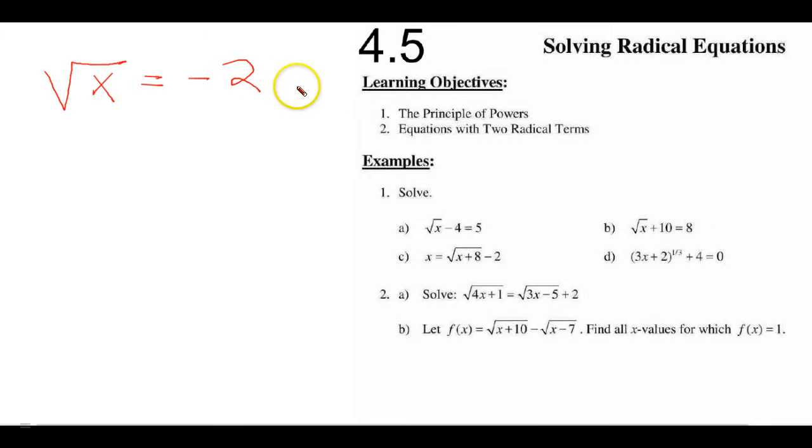I get a negative 2. Now notice what you see here. You're saying the square root of x is a negative 2. Is that going to be a real number? Can the square root of something be a negative? And the answer is no. So for this, there is no solution.